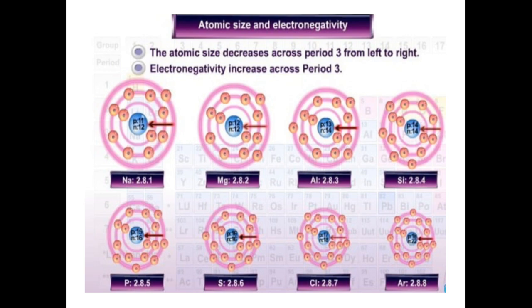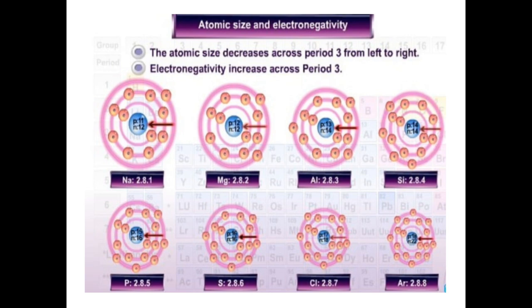You will observe that more electrons are being added to the atom as you move across. But interestingly enough, as more electrons are being added, there is no increase in the number of shells. Of course, this will have an effect. And what effect will it have? Number one is that the atomic size will decrease. Why is the atomic size or radius decreasing? Because the nuclear charge will increase.